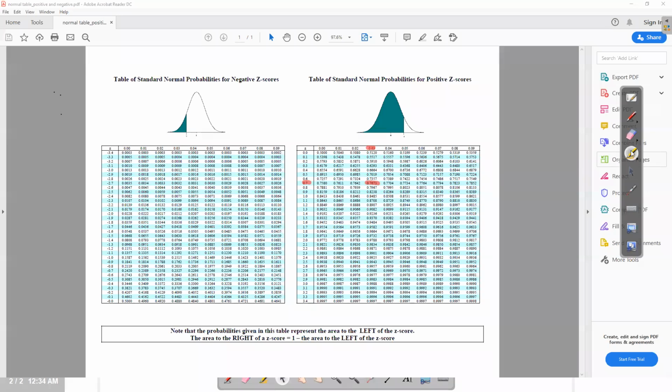And you can see that there is a 0.1003, and that's the closest we can match with 0.10, right? Then the corresponding z-score is negative 1.28.